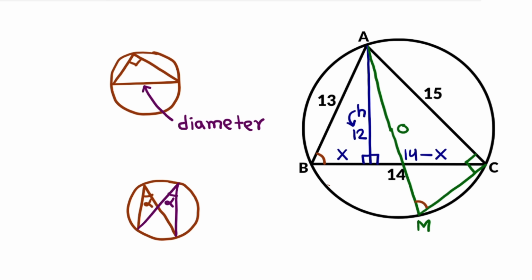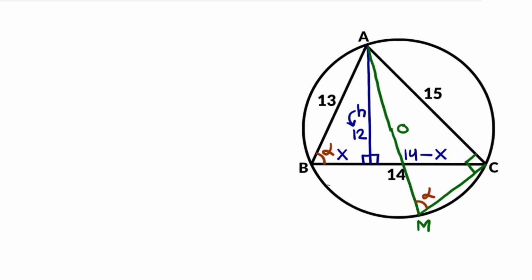Let's call both of them alpha. So, both triangles contain a right angle, and both contain the same angle alpha. That means the two triangles are similar. Since they are similar, corresponding side ratios must match.